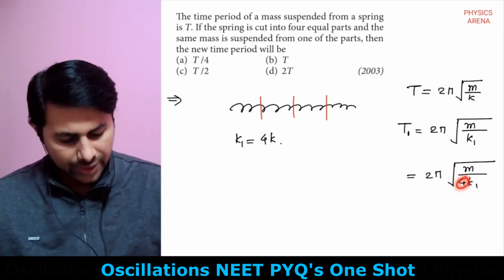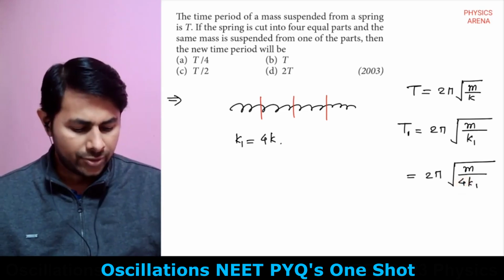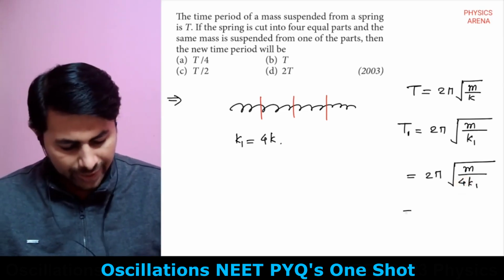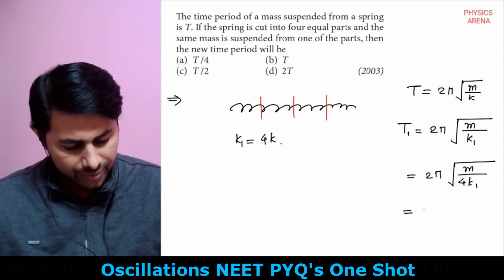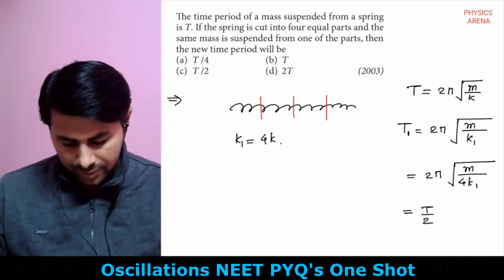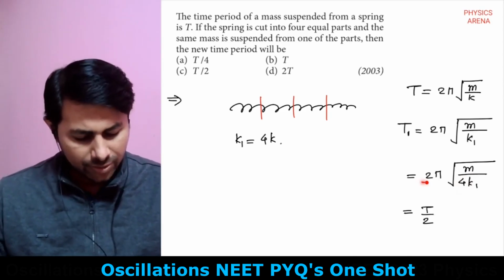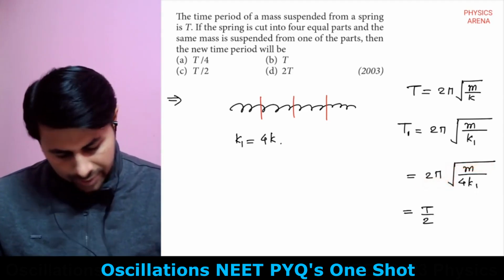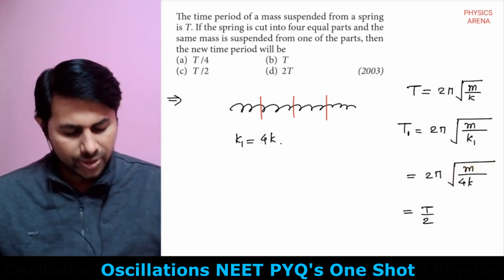Okay, so you can take root of 4, that's 2, so you get 1 by 2 of T, or T by 2, right? 1 by 2 multiplied by 2 pi root of m by K. Sorry, I wrote 4K1, it's 4K.